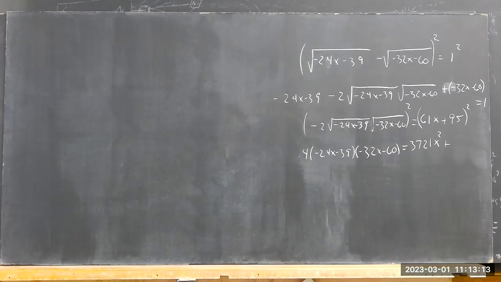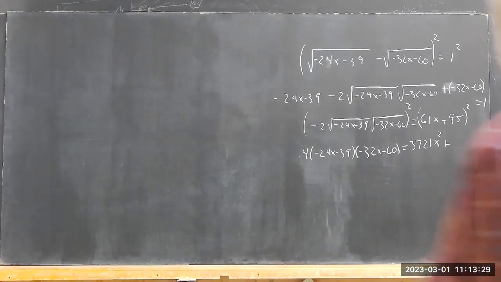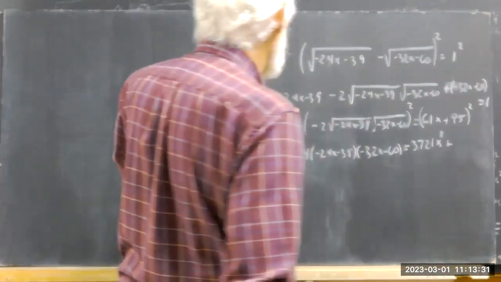But you got a minus 39. Oh, you had a 60, yeah, there is a 60. There's negative 32x. Okay, let's make sure we got the numbers right. We have a negative 24x.